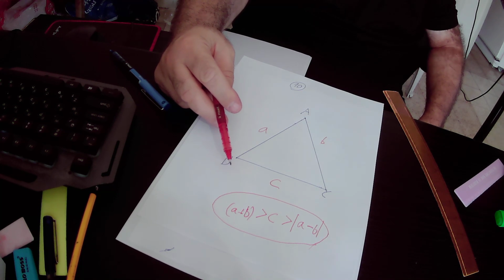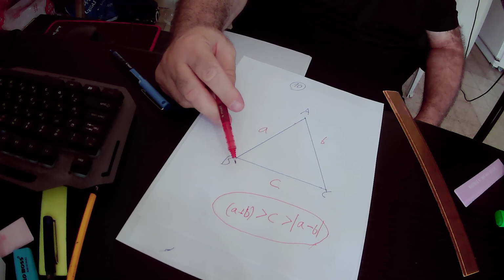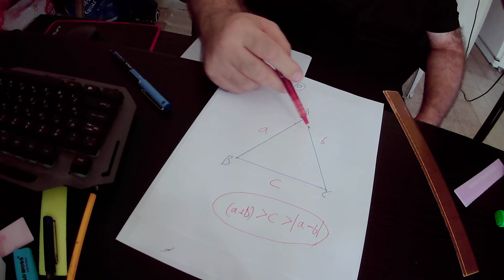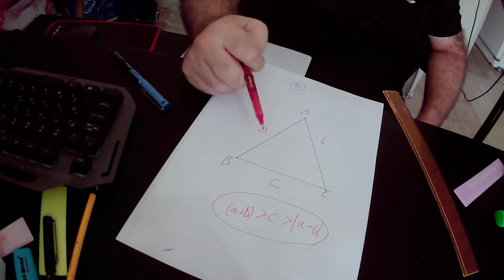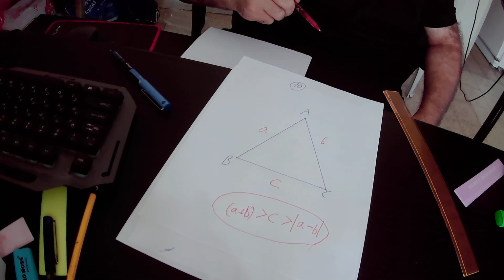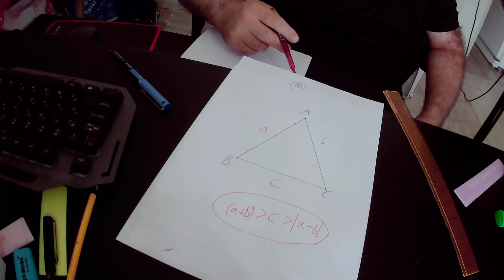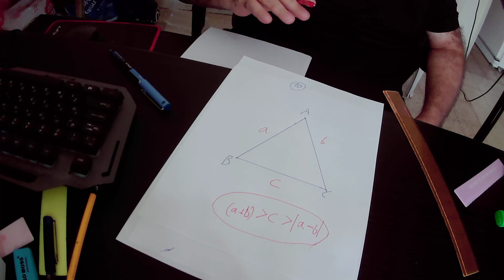Rule number 4 in terms of equations states that C will be always smaller than A plus B, and C will be always greater than the absolute value of A minus B.